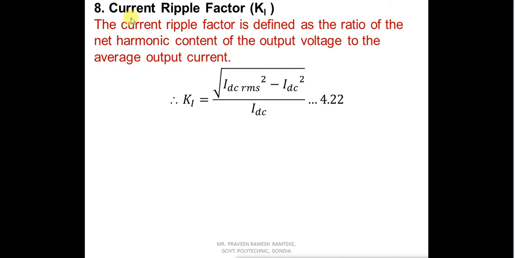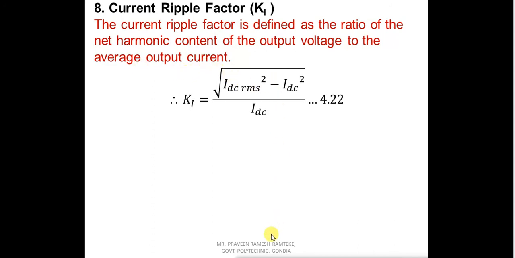As the name is current ripple factor, but in the definition given in the book it is written output voltage. This term output voltage is somewhat misleading, so here we can consider the output current. So it is the ratio of net harmonic content of the output current to the average output current.